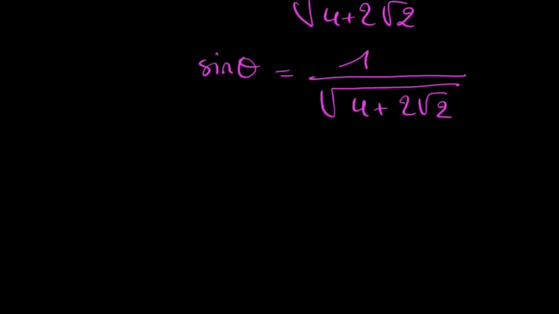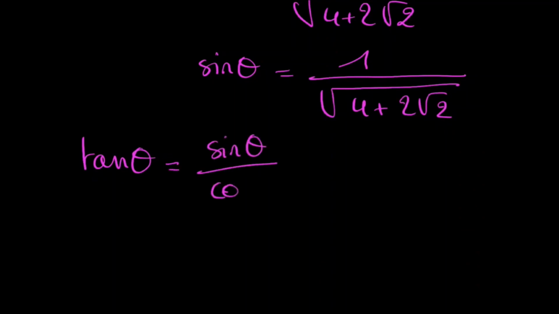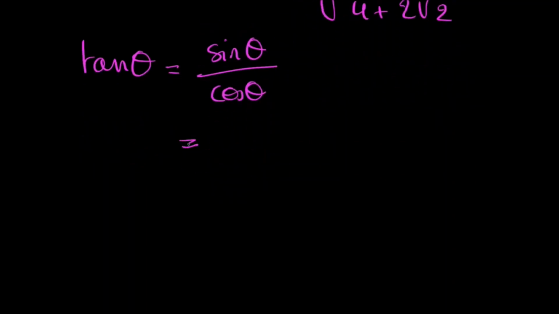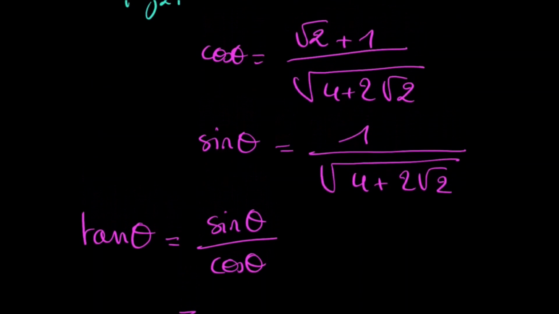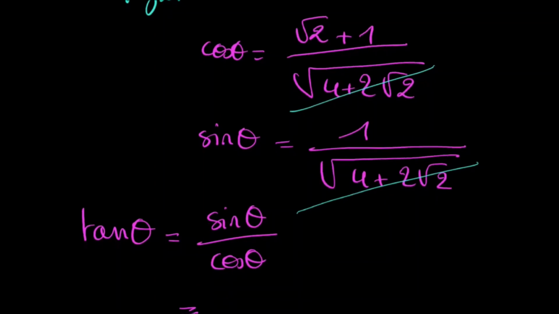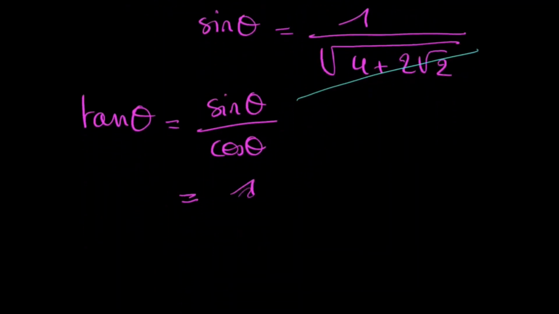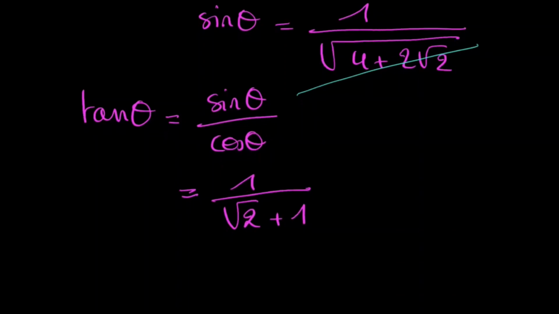And then, as before, we write the tangent of theta, that equals sin theta over cos theta, and because this and this will eliminate, we will just have 1 over root 2 plus 1.